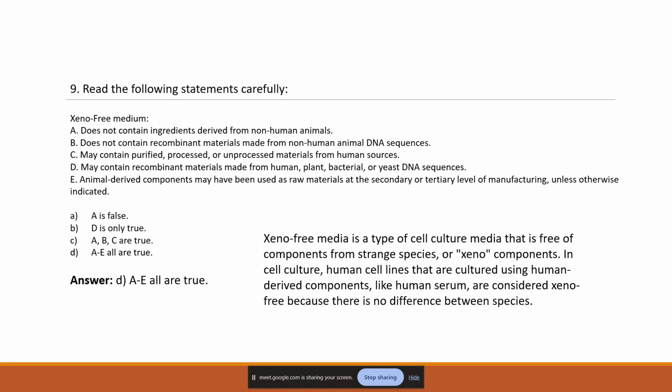It should go through a manufacturing process of primary, secondary, tertiary level, where they will modify it in such a way that it will not create any antigenic response in your human cells. So that is what is your xeno-free media.